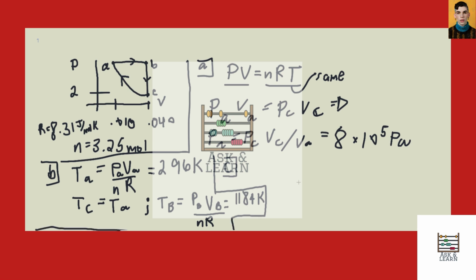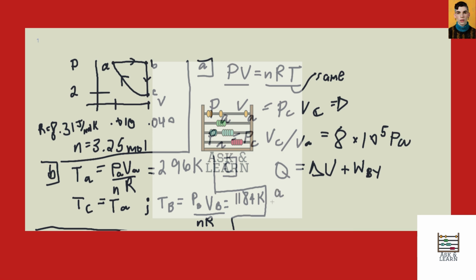For C, now we want to find all the Q's. The equation we want to use is Q equals delta U plus the work done by the gas. So Q is that in general, and now we want to do it for each case.